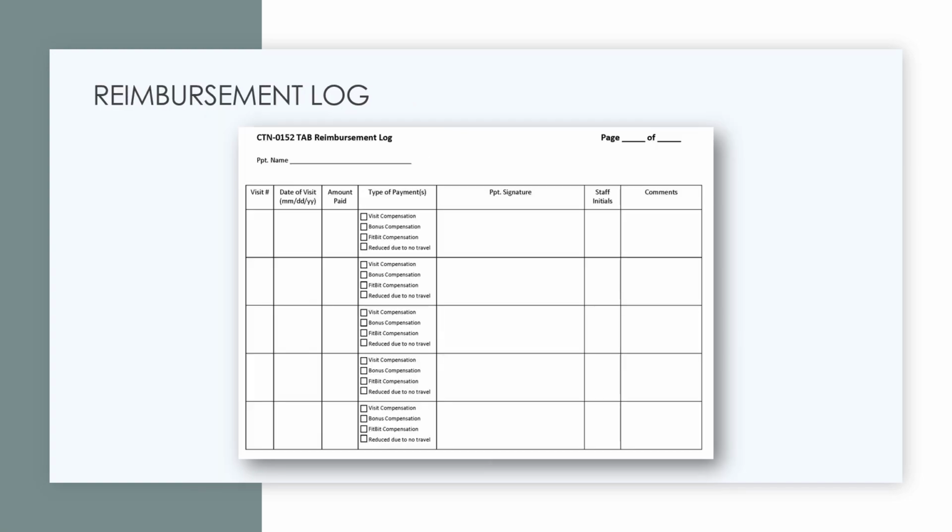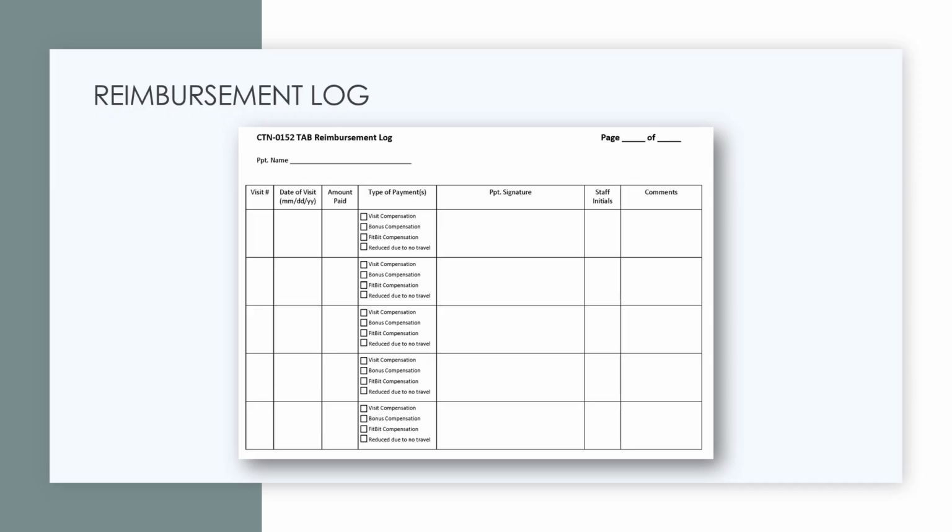For the reimbursement log, we anticipate that several pages will be needed, so staff should number each page in the top right-hand corner. Also note, we will identify this log by the participant's name, not study ID, as they will be signing and we don't want to mix participant identifying data with their coded ID. In the first column, enter the visit number being reimbursed.